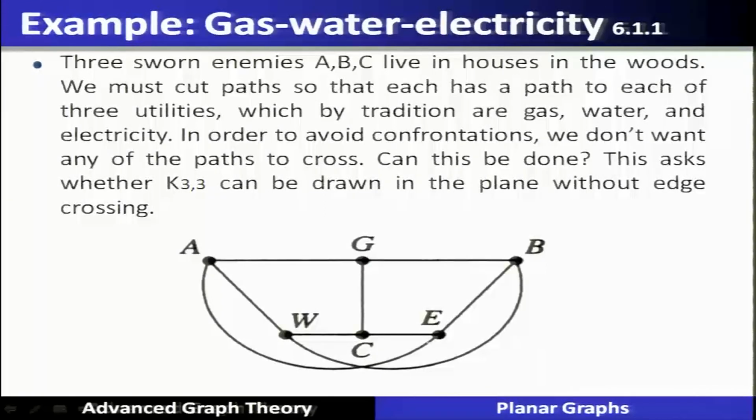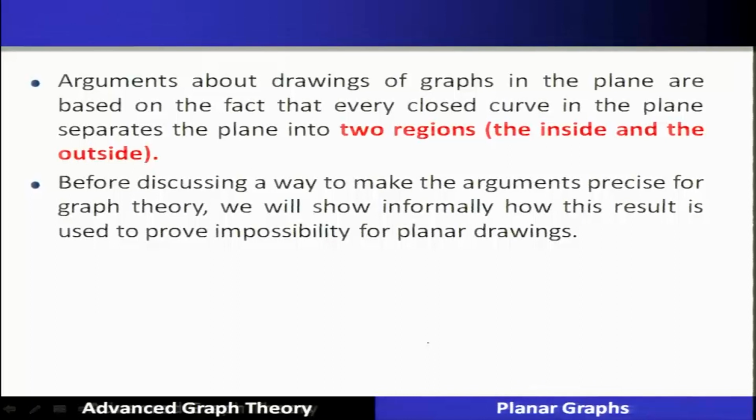This question can be answered if we can draw a K33 graph without edge crossings. We will explore in this lecture what the conditions are and which graphs we can draw on a plane without edge crossings. Hence, they are called planar graphs.